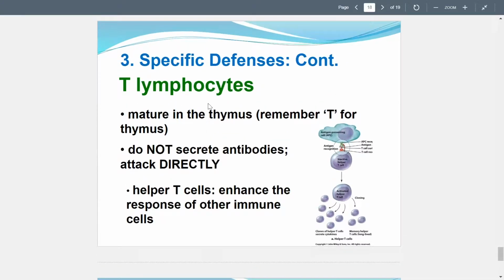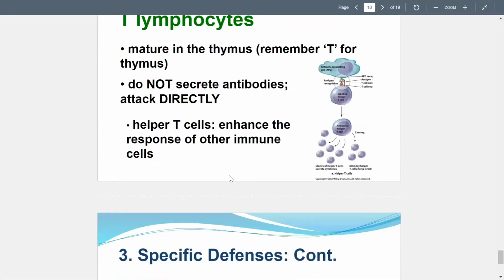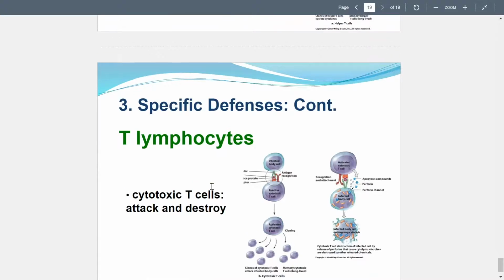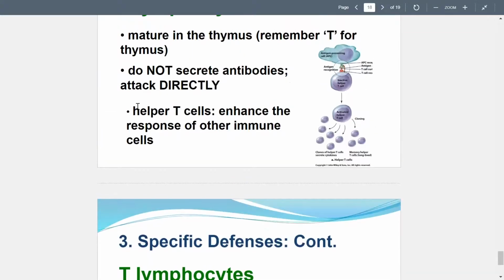These mature in the thymus, T for thymus, and they do not secrete antibodies, they attack directly. There are helper T cells and cytotoxic T cells. The helper T cells tell other cells how to respond to the antigen.